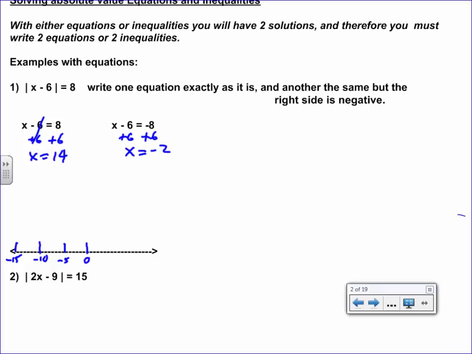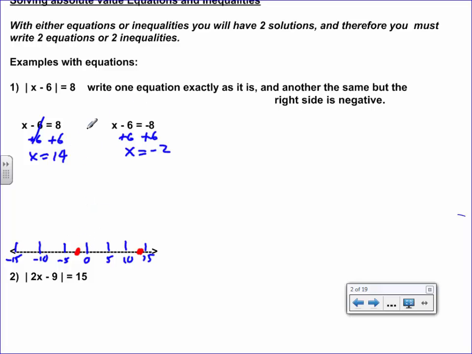We'll go by 5s to make it a little bit reasonable to draw. Okay, one solution is at 14, so it's just a mark at 14, and one solution is at negative 2. So we have two values that are solutions.